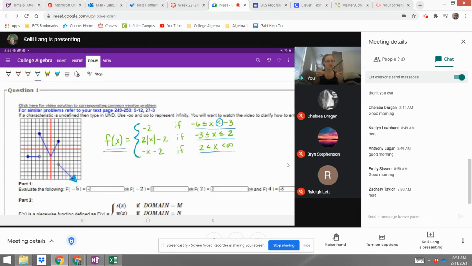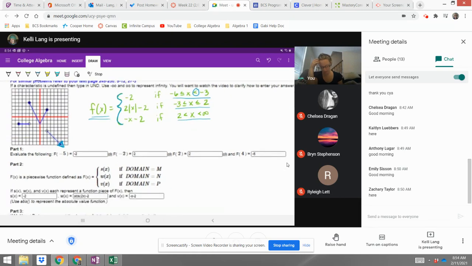Because it's such a jumbled mess of three different functions, it makes certain things kind of challenging, like even just evaluating a point. So for part 1 here, where they ask you to evaluate f of -5, -5 would be our x value. So what we would do is we would go up to our domain and figure out which one of our three domains -5 fits into.